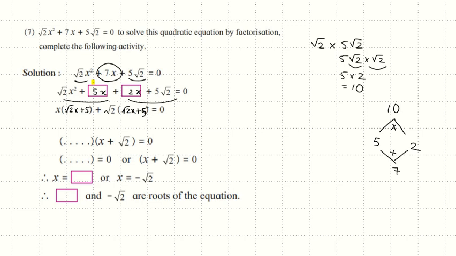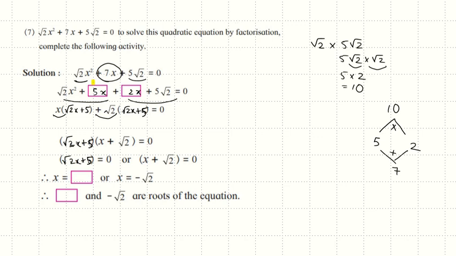As root 2 is already outside, we will not write it down again. Therefore, the common bracket we will write down here is root 2x plus 5 and x plus root 2, which is from here, x plus root 2 is equal to 0. Therefore, root 2x plus 5 is equal to 0 or x plus root 2 is equal to 0.